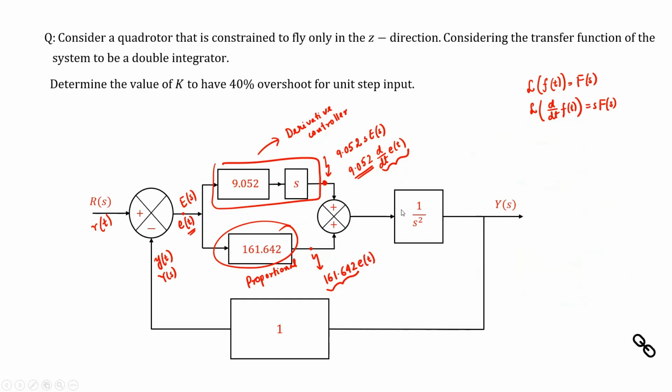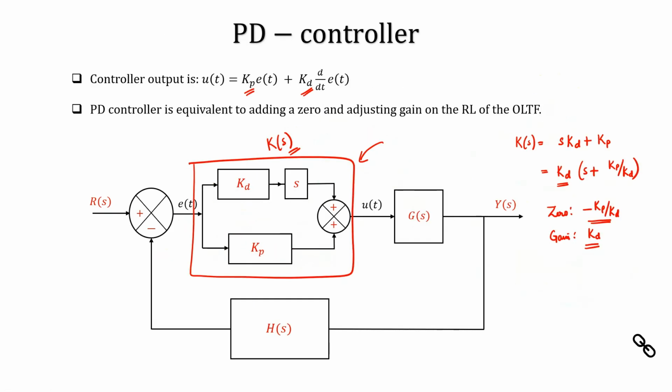So, designing a PD controller is equivalent to introducing a 0 on the root locus and then adjusting the gain such that you reach your desired pole location. We have done this.